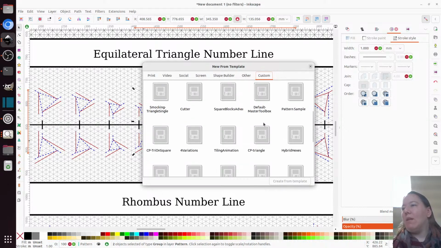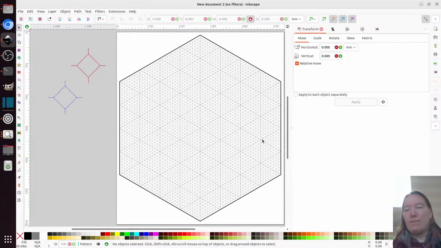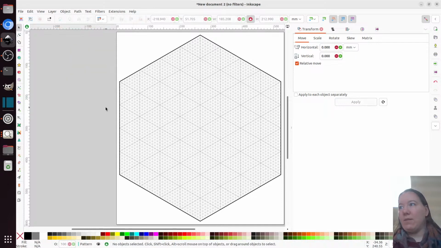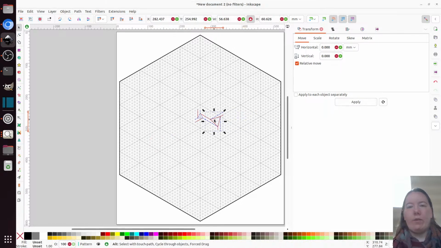Then we can come in and grab another template and paste it in.